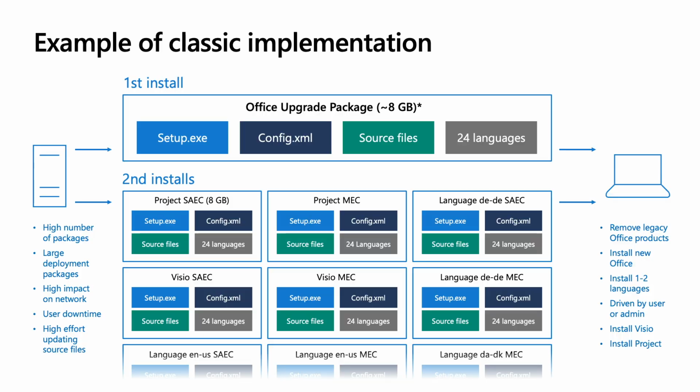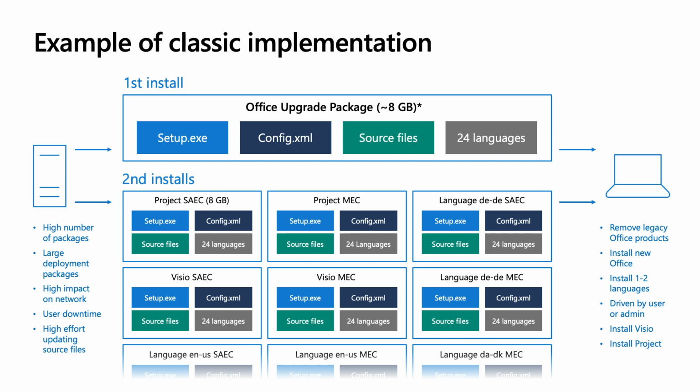So when you have done this, you will end up with an implementation which we sometimes call the classic implementation. So basically there's one package for one purpose. So everything is on-prem. You're using your Config Manager infrastructure, for example, to facilitate the first install. We call the first install the moment when you uninstall the old Office and install the new one.